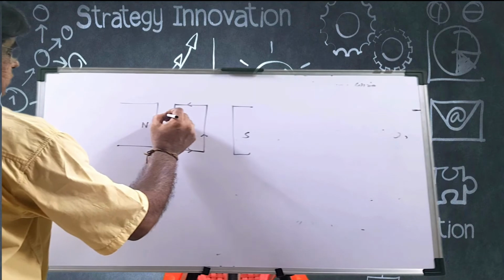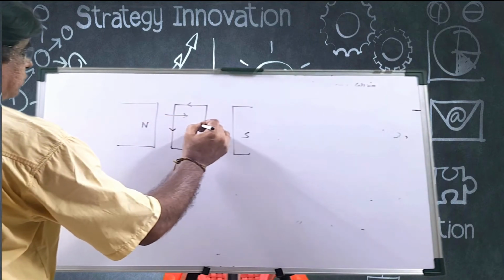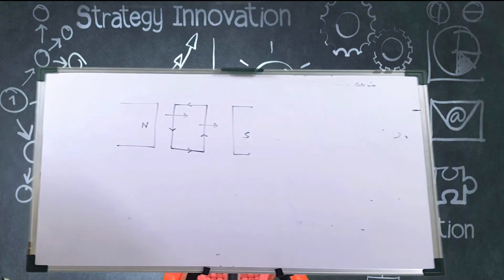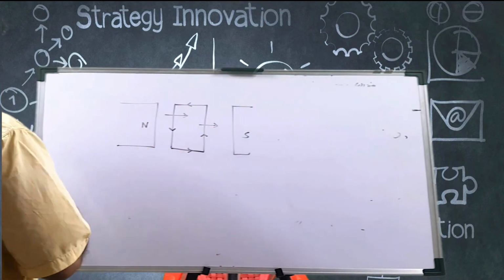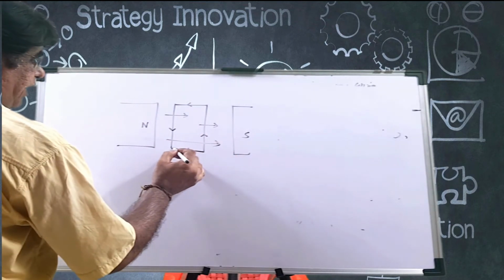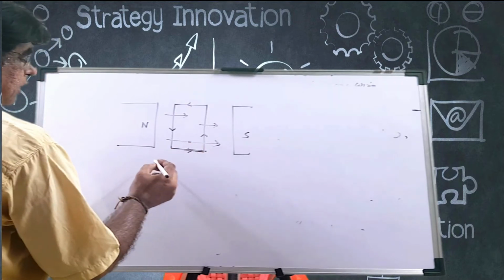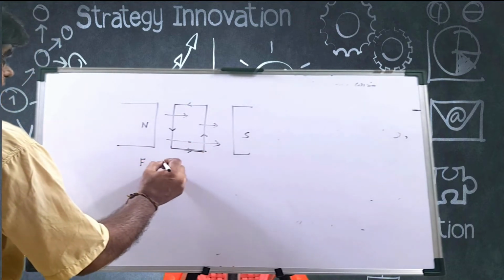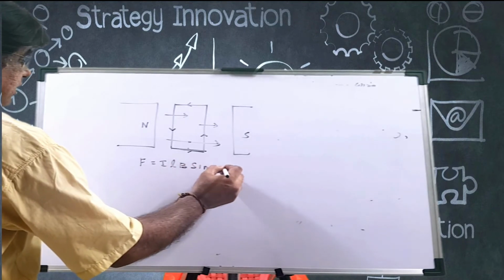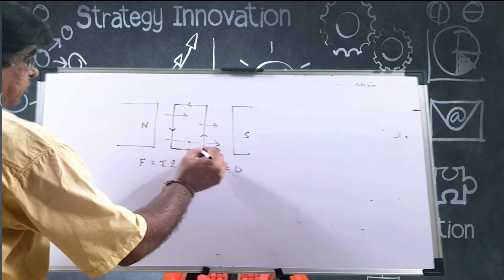The magnetic field is going to be in this direction, north to south. Let's see what happens to this and this. Here the magnetic field is going in this direction and this wire is parallel to it. So they are parallel. Here the force formula is going to be ILB sine theta. When theta is 0, sine theta is 0, so there's no force acting on this part.